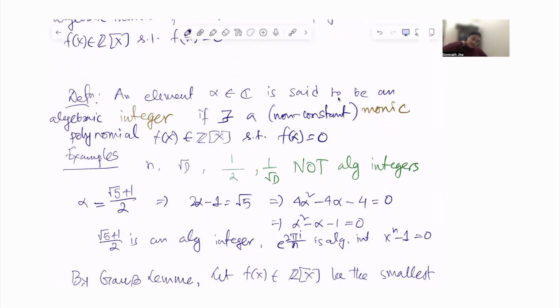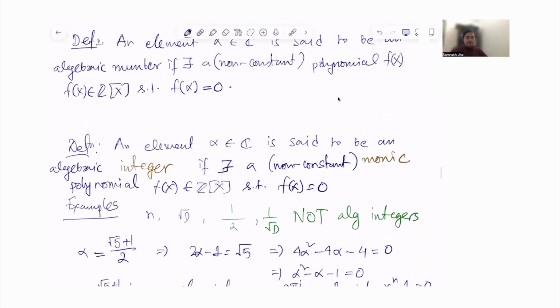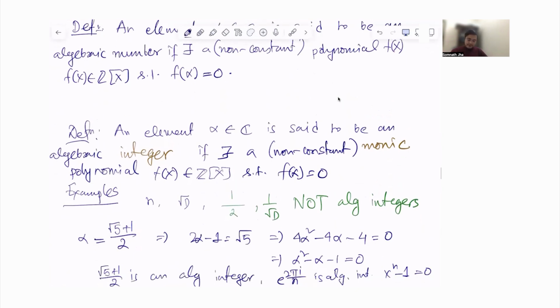In the definition, as in the case of algebraic numbers, I did not say anything about irreducibility.